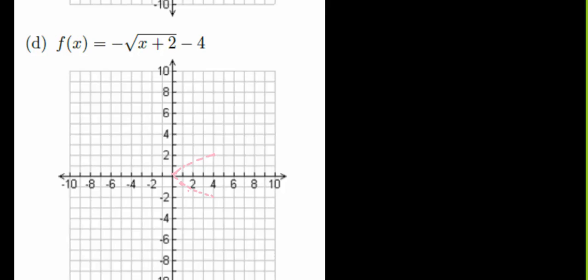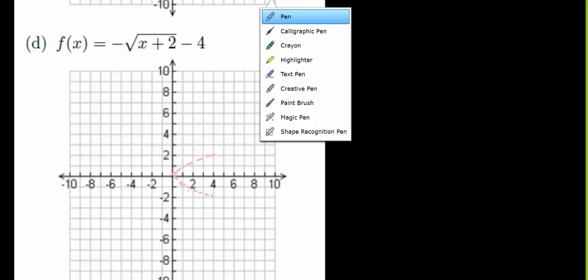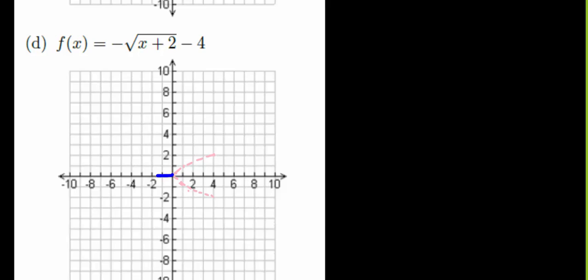So, in other words, the negative in front, I take care of that first. And now let's see what's going to happen. I'm going to move to the left 2 and down 4. Right there.